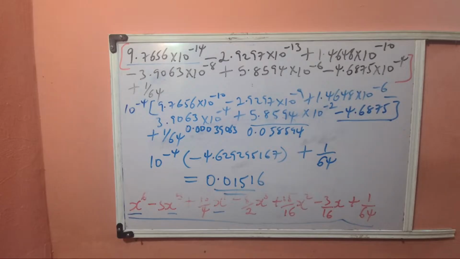I think somebody is saying something about 1 over 64, or 1 over 6 or something. Again, I told you already, I already did something to this particular thing you are seeing, this 9.7656. I already used it with something else.